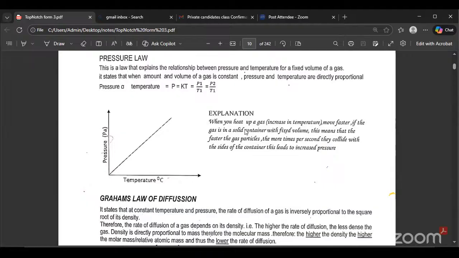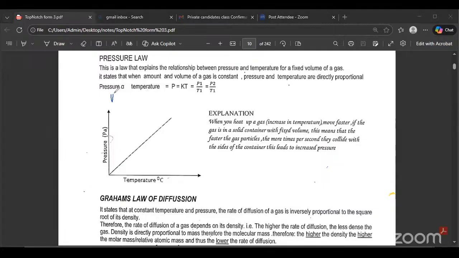This one is normally in physics, but I like Top Notch because they brought it here so that it can take care of all the classes. So it is normally a law studied in physics. So we have pressure is directly proportional to the temperature. Remember, sometimes I said inverse, you put 1 over temperature, but this one is saying it is directly proportional.